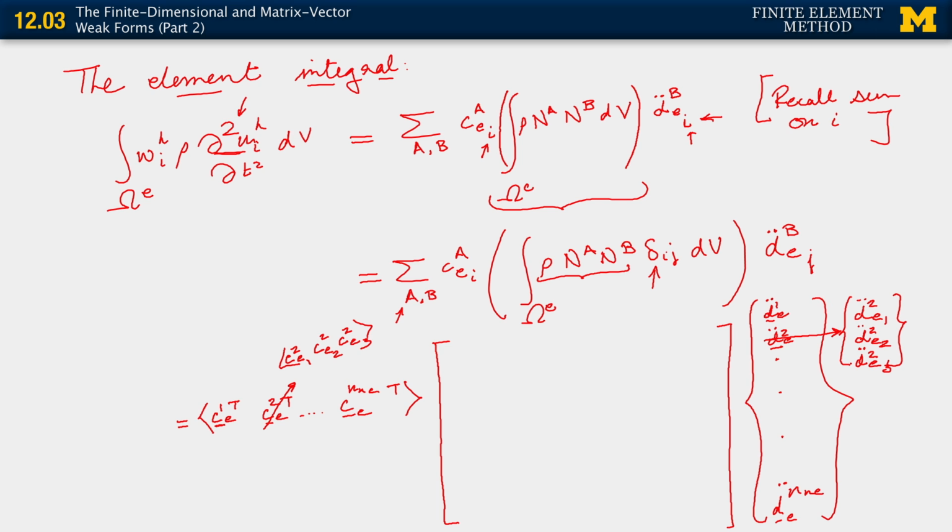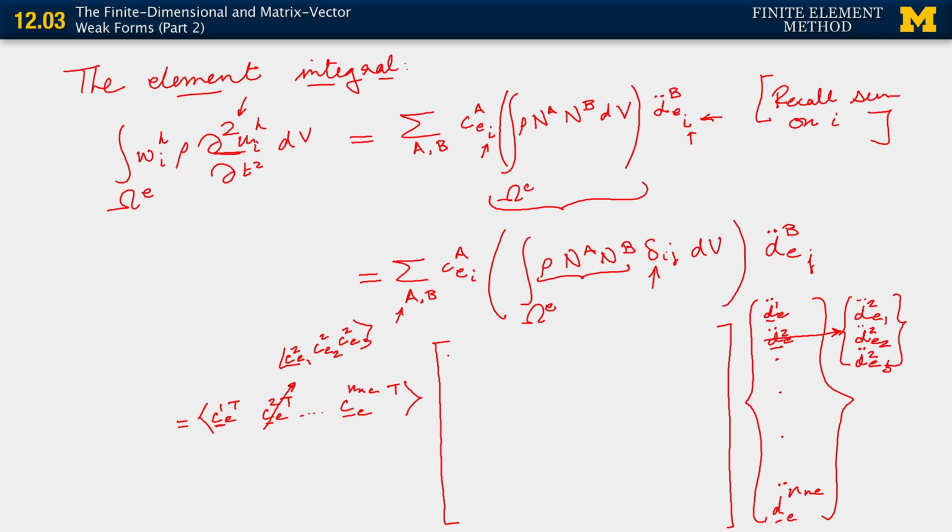Now, note that for each combination of nodes from the C vector and the D vector, we get a little matrix. And that little matrix is obtained by writing out here, let me show you what we get here.